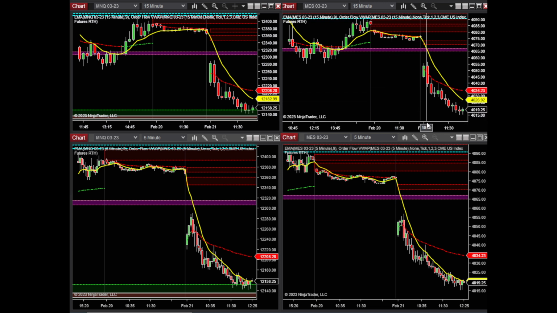So I would say a pullback to VWAP or this 15-minute EMA is probably shortable today, because the market's just so weak. That might not work out, yes, but it's a very high probability that it will pull back here, and then we'll go to the lows or make another move lower.